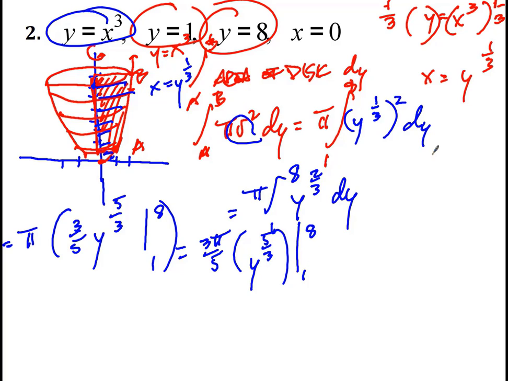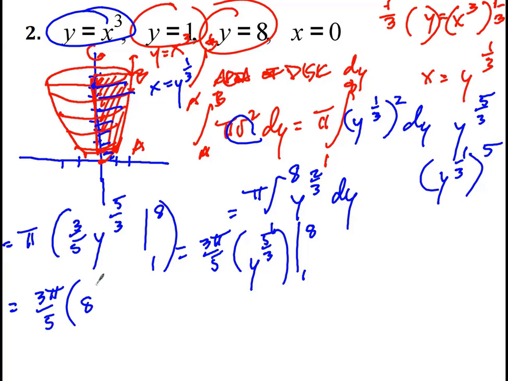Okay? So we've done these many times, but I'm going to go ahead and do this over to the side. If I have y to the 5/3 power, that's the same as saying y to the 1/3 to the 5th power. So I take the cube root of whatever that value is, then raise it to the 5th power. So I put the 3 pi over 5 out front.